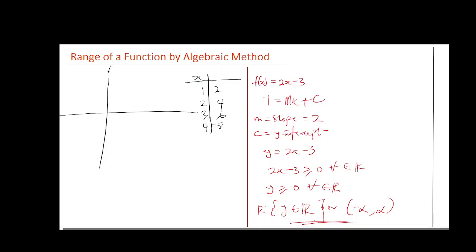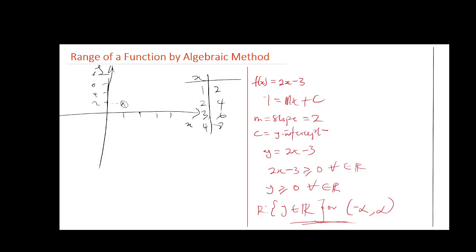This is our y and this is our x. 1, 2, 3, 4, and this will be 2, 4, 6, and 8. So when x is 1, y will be 2. We are going to have the point of intersection somewhere here.